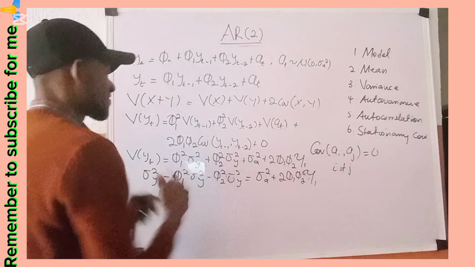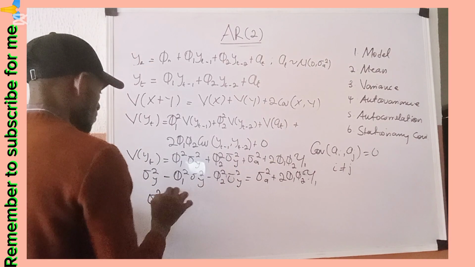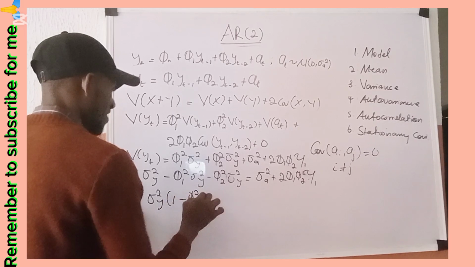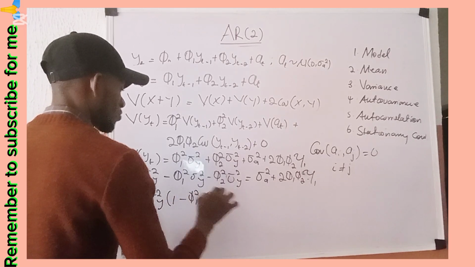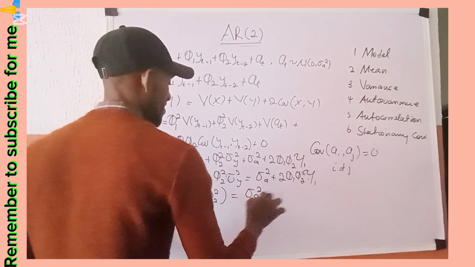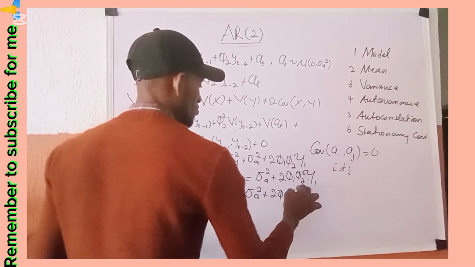Then you factor your sigma squared of y. So you have sigma squared of y, you open a bracket: 1 minus phi 1 all squared minus phi 2 all squared, close it, is given as sigma squared of a plus 2 phi 1 phi 2 gamma 1.